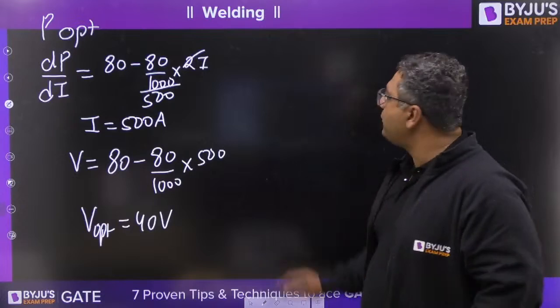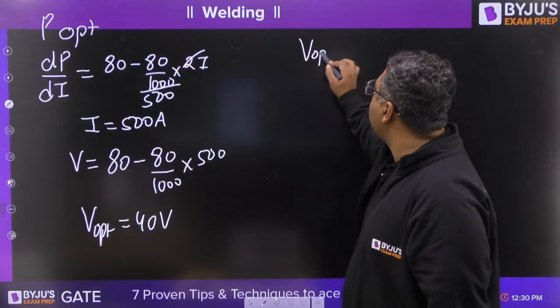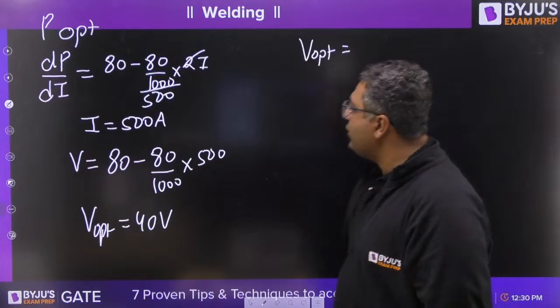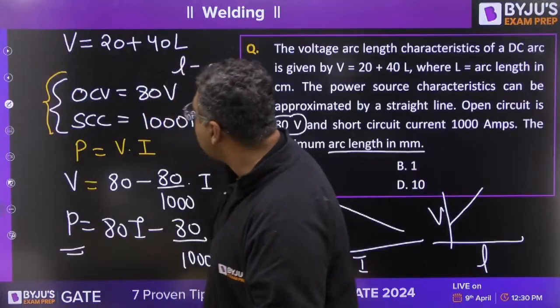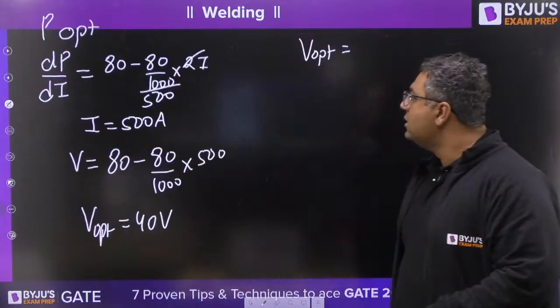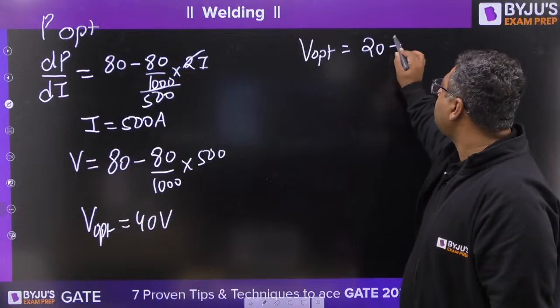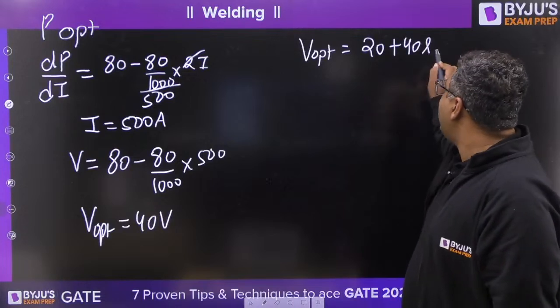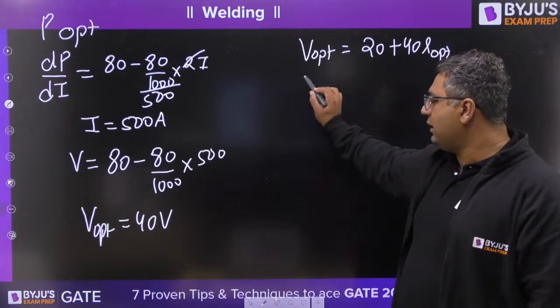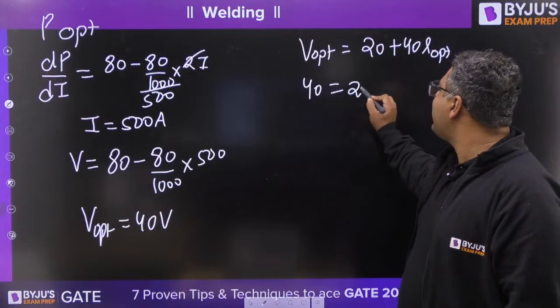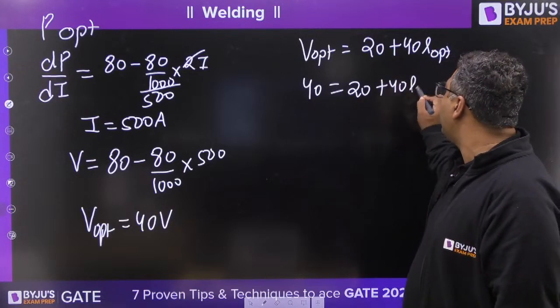Once you get this optimum voltage, what is the equation for us? The equation for us is 20 plus 40L. You will equate it with 40, so 20 plus 40L optimum equals 40.